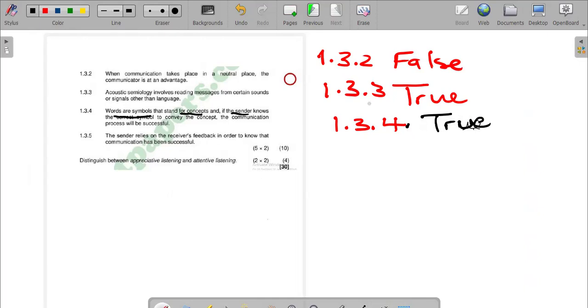Right. And then let me go to the last question on this segment, which is 1.35. It reads, the sender relies on the receiver's feedback in order to know the communication has been successful. That's true.